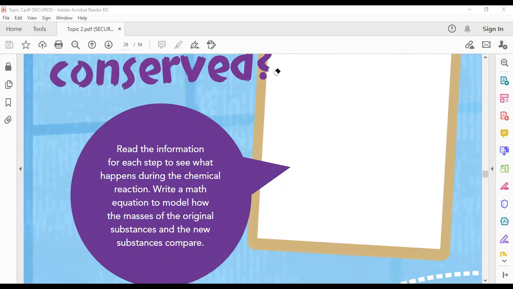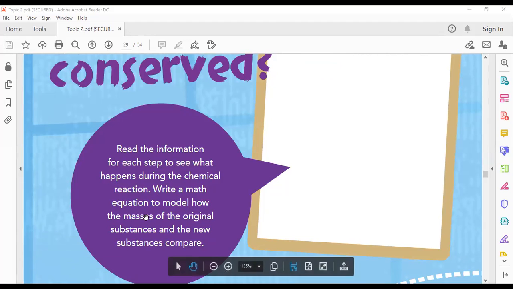Again, read the information for each step to see what happens during the chemical reaction. Write a math equation to model how the masses of the original substances and the new substances compare.